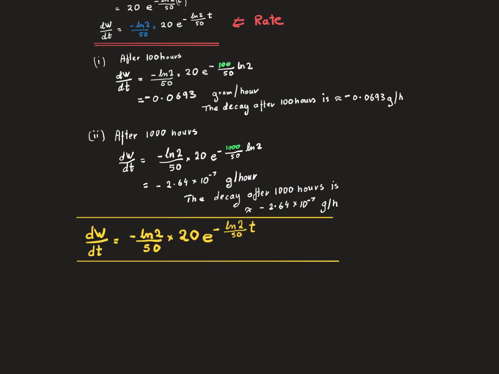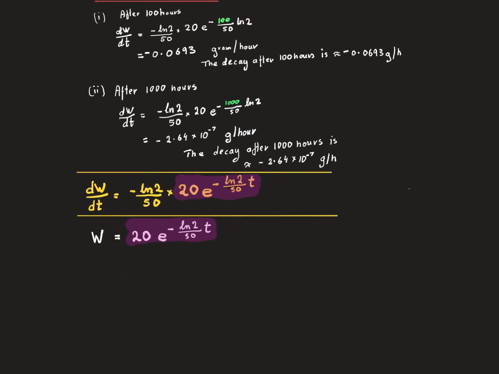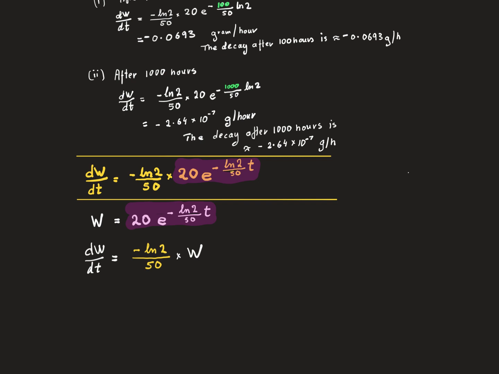And our original W, looking closely at it, you can see that this W is actually this part of the rate. So we can actually write that dW over dt can be written as B times W, where B is equal to minus ln2 over 50, which is a constant.